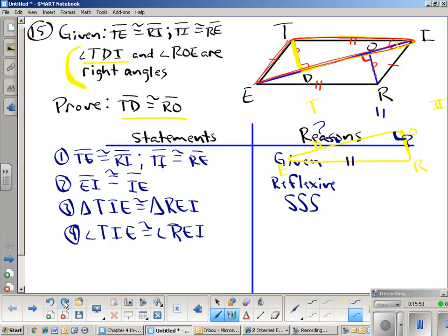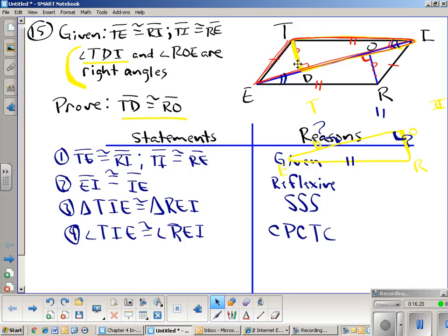I don't remember it. CPCTC. Corresponding parts of congruent triangles are congruent. So that's why we know that these angles here are congruent to these angles here. Okay?